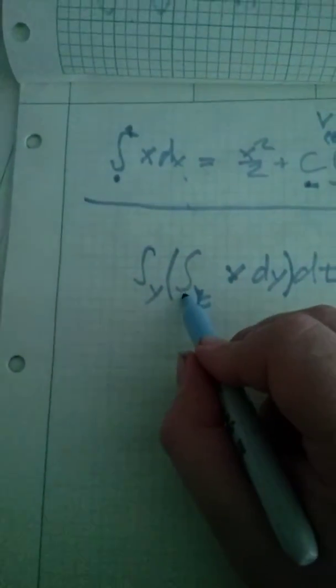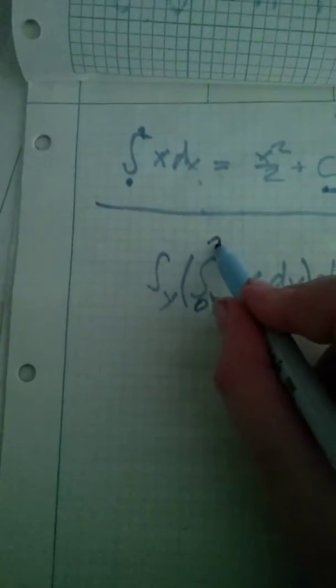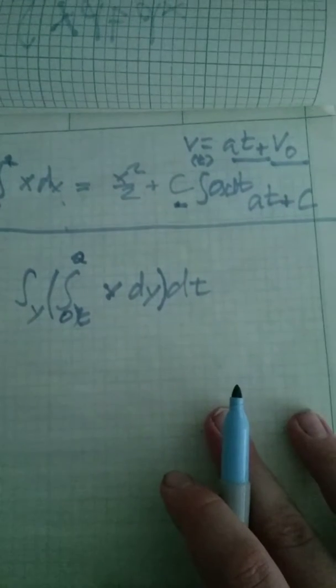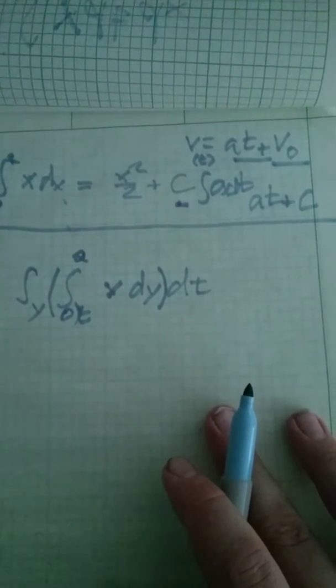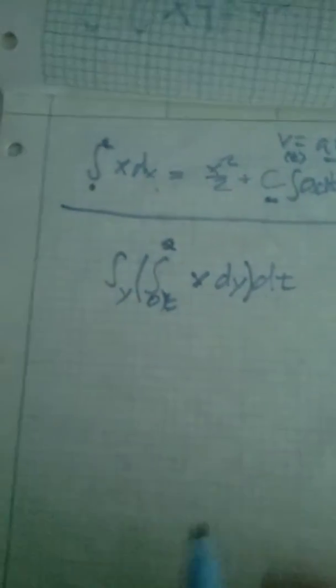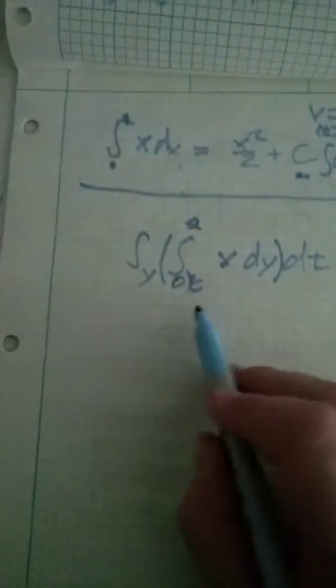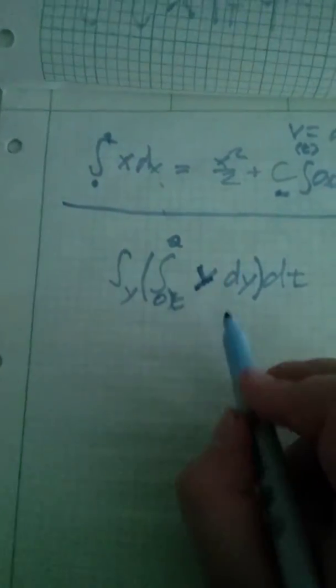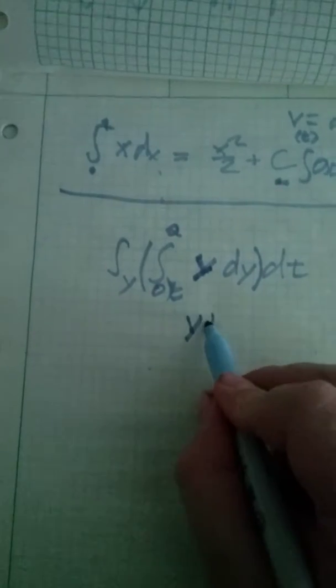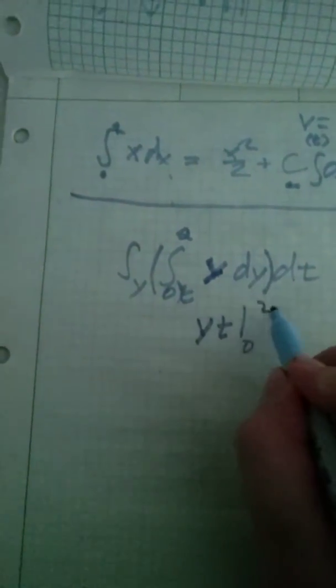If I have a limit of integration where t goes from 0 to 2, I'm just going to integrate this the way that I was taught. That's just yt evaluated from 0 to 2.